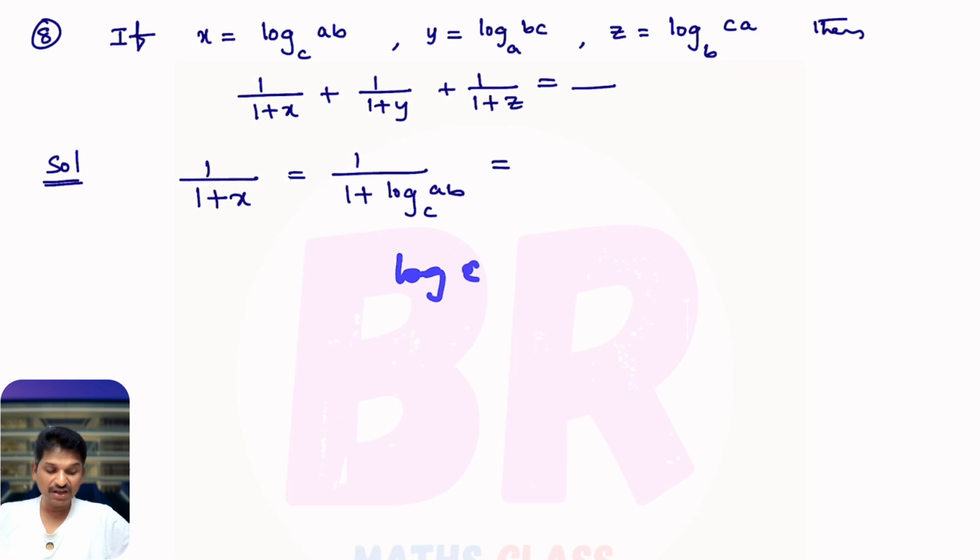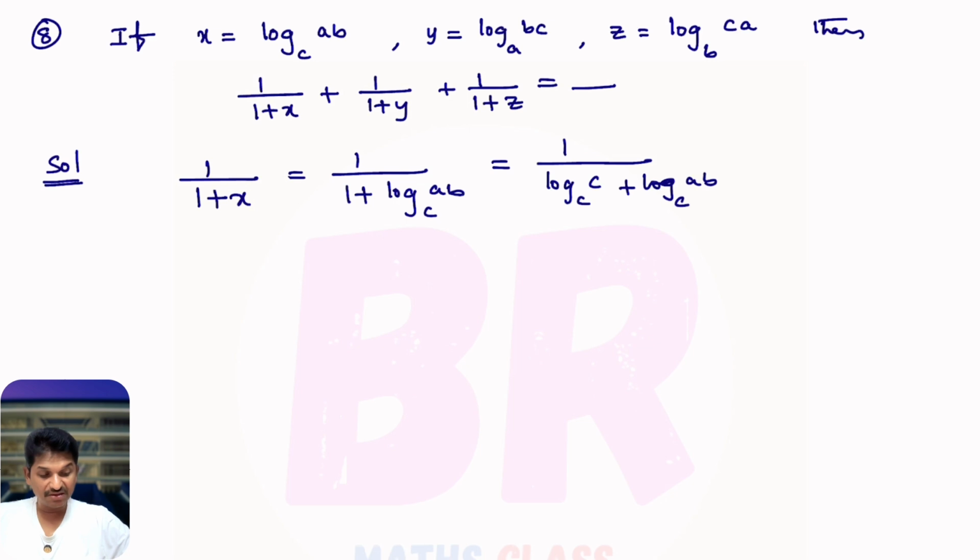Can I write 1 as log C base C? What is C? C can be any positive real number other than 1, right? Then only this is defined. Log C base C equal to 1, right? So here this 1, I'll write it as log C base C, just for our convenience, plus logarithm of AB base C.